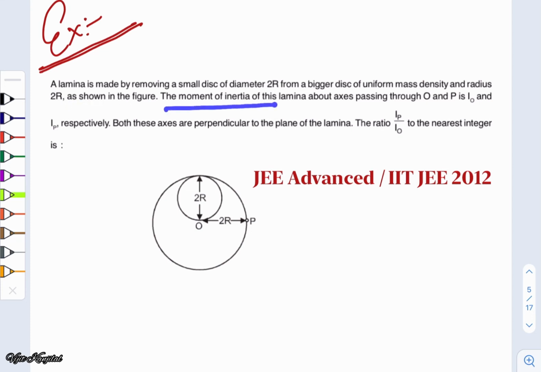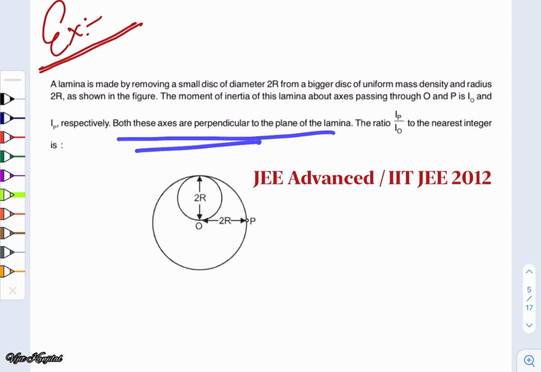The moment of inertia of this lamina about axis passing through O and P is I naught and IP respectively. So the moment of inertia of this particular lamina with respect to an axis passing through point O is IO, and the moment of inertia of this lamina with respect to an axis passing through P is IP. And both the axes are perpendicular to the plane of the screen.